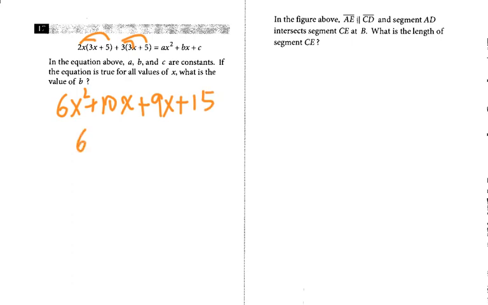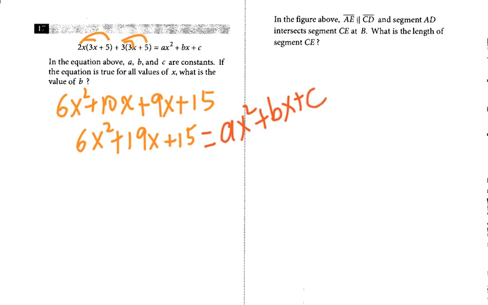Combine like terms, I got 6x squared plus 19x plus 15. And it's equal to ax squared plus bx plus c. So definitely b will be 19. That's the answer.